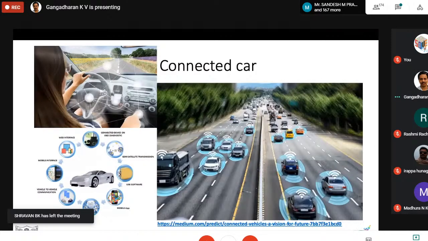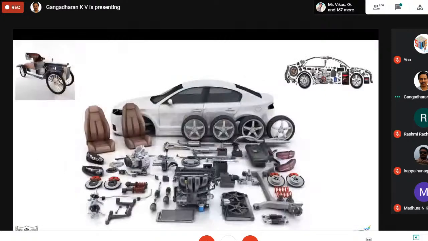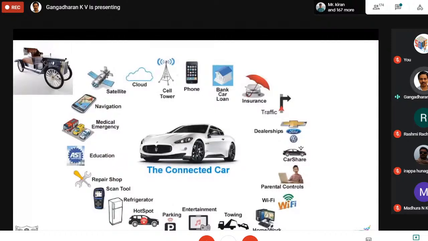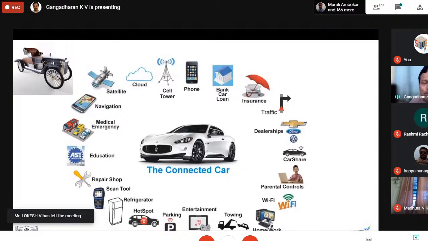Now I want you to think about what branch it belongs to. Is it nut and bolt mechanical? Or is it a combination of every possible topic or subject, including arts and science and commerce, all put together, in the present day connected car?